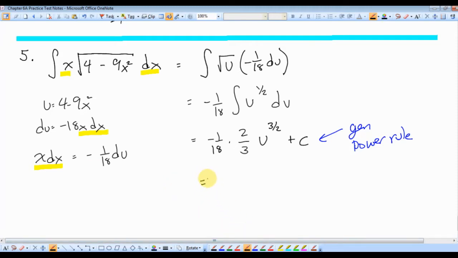Negative 1/27 square root of 4 minus 9x squared, cubed, plus constant.